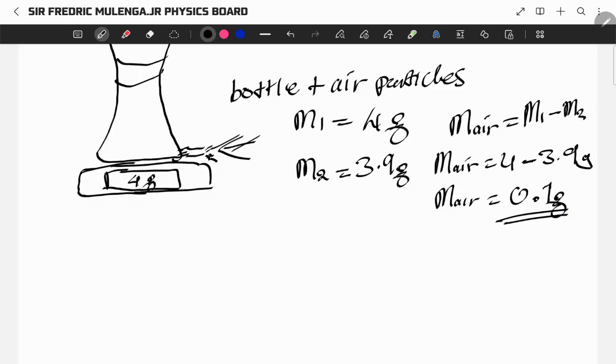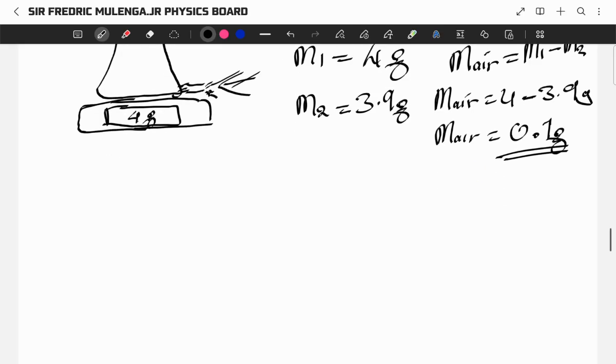Now I want to give you another tactic. How would you know which is mass 2 or mass 1 in terms of air? No matter how it is presented, always know that among the two masses, the one with the higher value is the mass that you should subtract from.